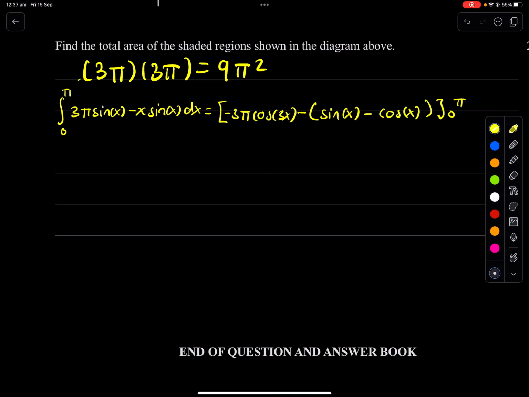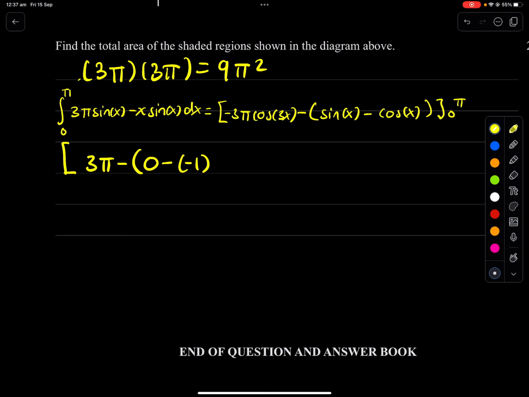So we're saying, okay, negative 3 pi cos. If we sub in, what's cos pi? Well, cos pi is negative 1. So this over here will just become 3 pi. Okay, that's good. Minus, sine pi is 0. Minus, cos pi is negative 1, actually.